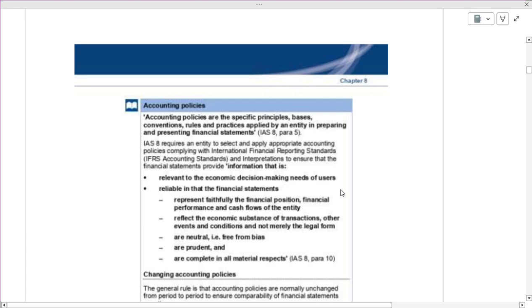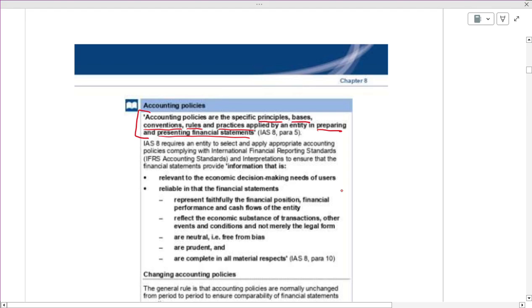What are accounting policies? Wherever there is bold text, focus on that. There are specific principles, bases, conventions, procedures, rules and practices applied by the entity in terms of preparation and presentation of financial statements.